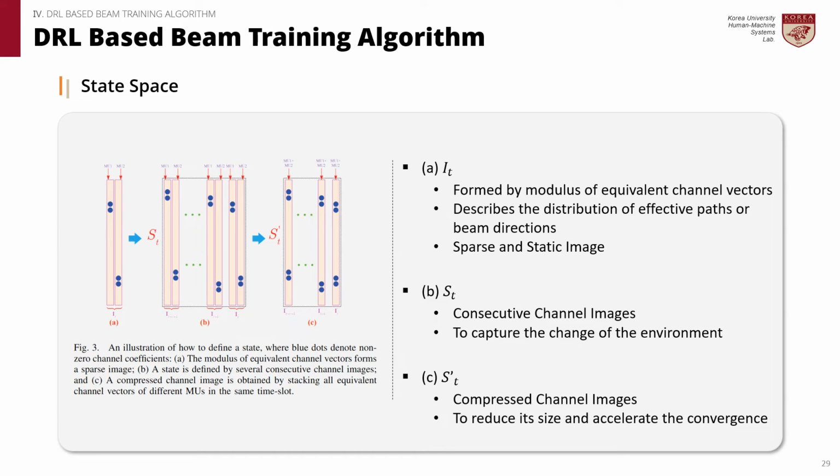State space. The distribution of effective path or beam direction is described as an image, like A. Since a single image is static, they define states by several consecutive images to capture the change of the environment, like B. As shown in C, a compressed image is obtained due to sparsity, and it reduces the size and accelerates the convergence.